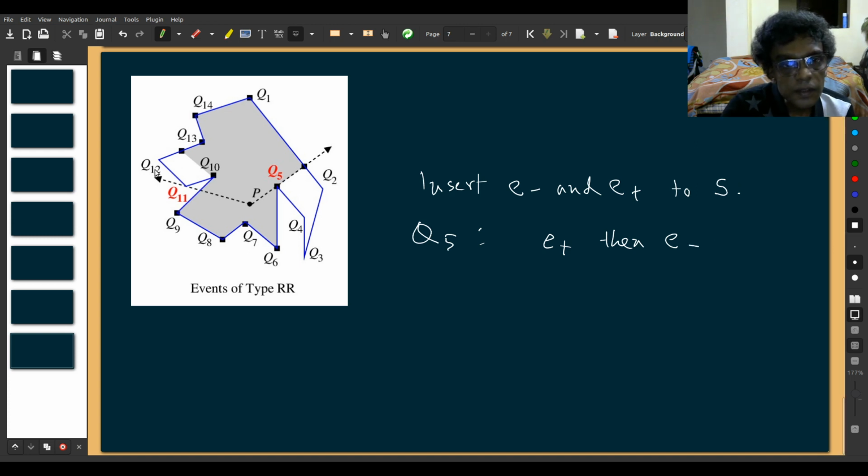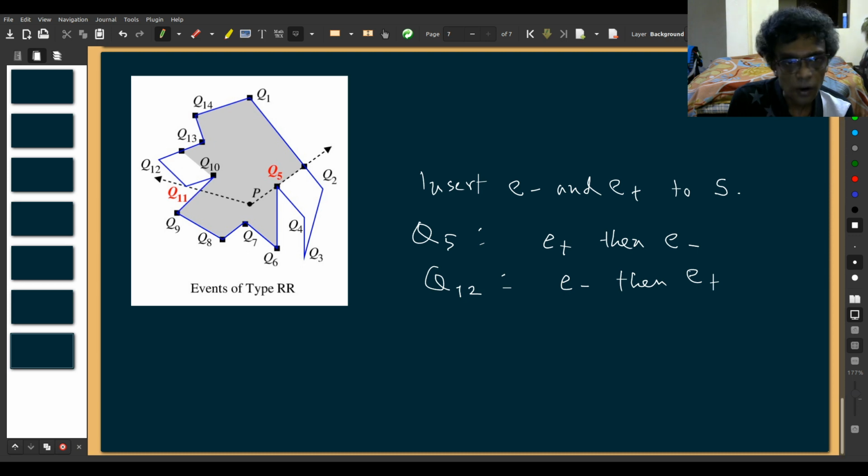Whereas if I look at this Q11 case, if I compute this angle PQ11, Q10 and PQ11, Q12, this angle is larger. Therefore, I will insert E minus earlier, then E plus. So this is how I settle this insertion order. For Q12, first E minus, then E plus. That will be the future order.